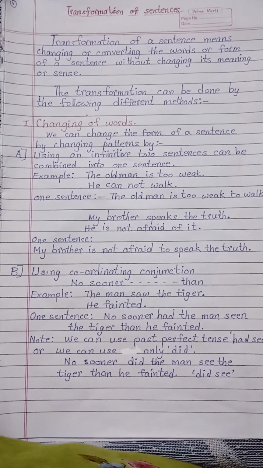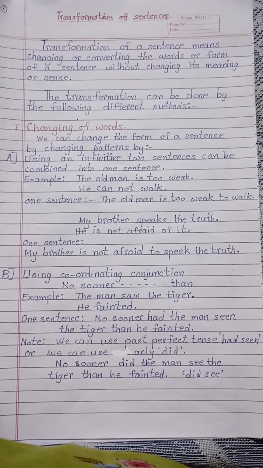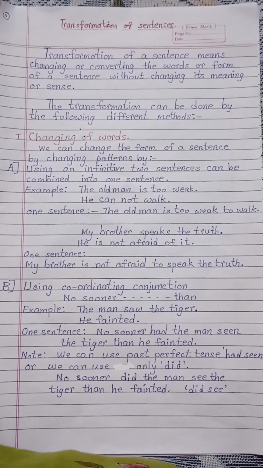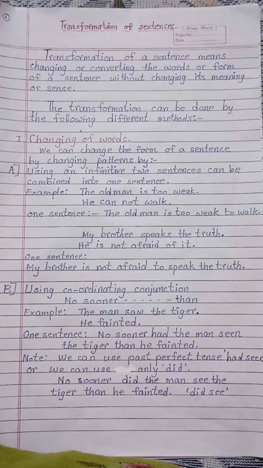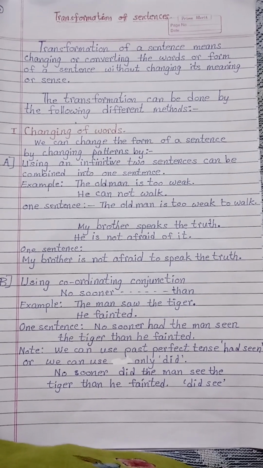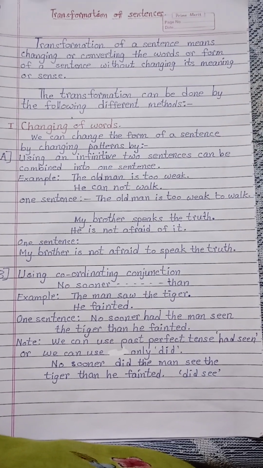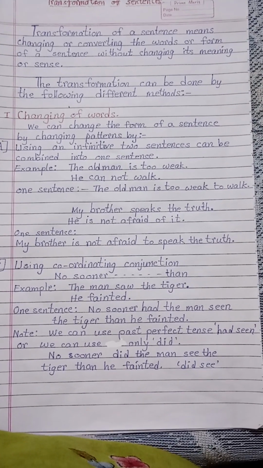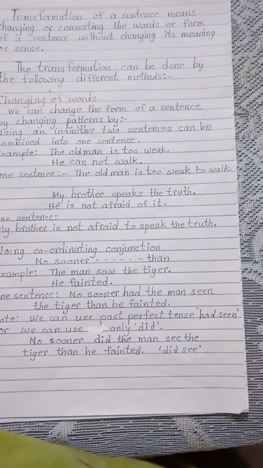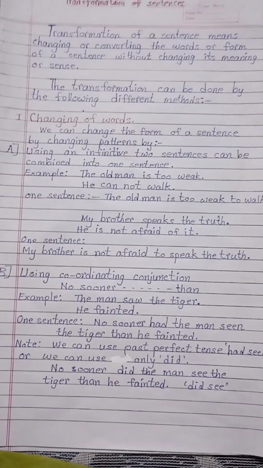First one, changing of words. We can change the form of a sentence by changing patterns by using an infinitive. Two sentences can be combined into one sentence, which means we have to use infinitive. Infinitive means to.